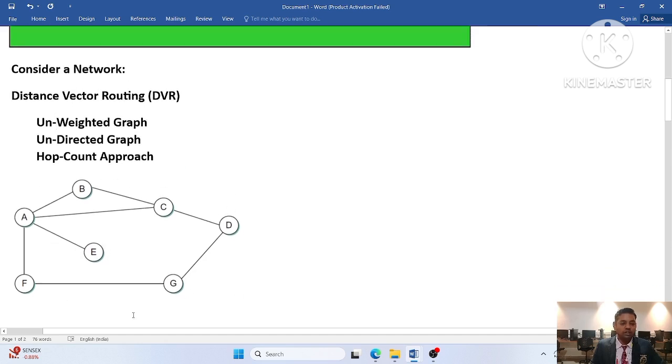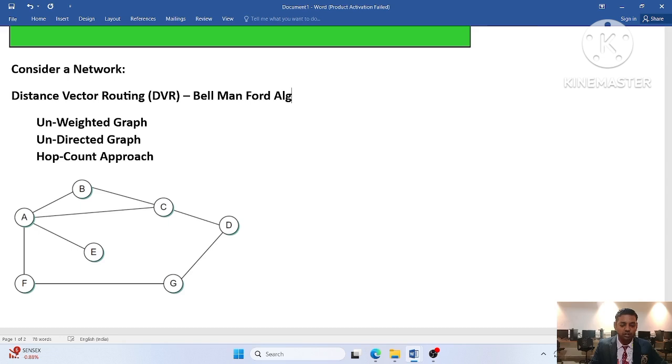For solving this problem, for finding the shortest path, the base algorithm for distance vector routing is the Bellman-Ford algorithm.